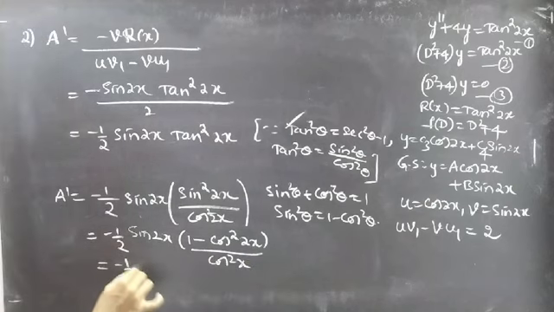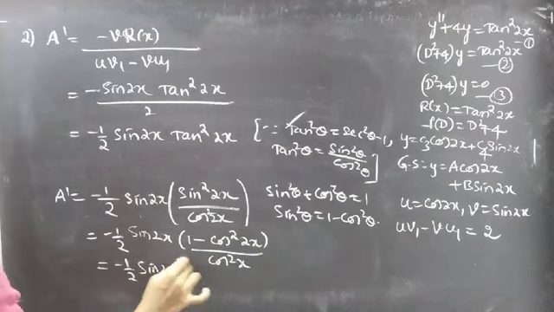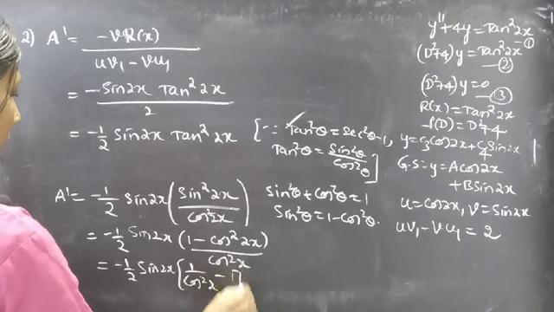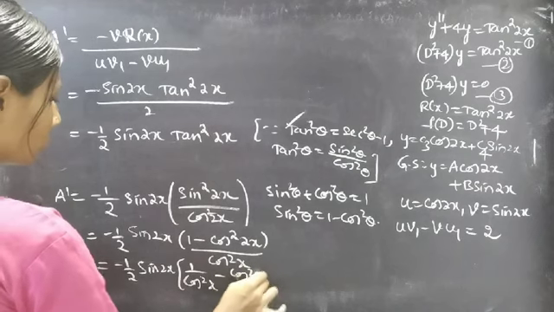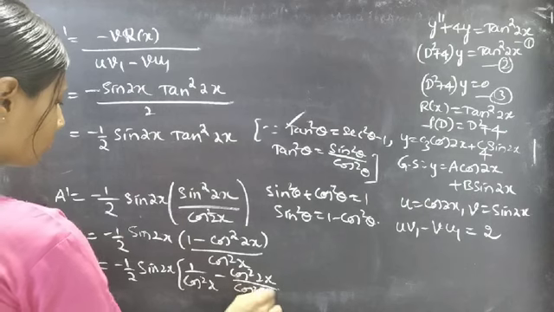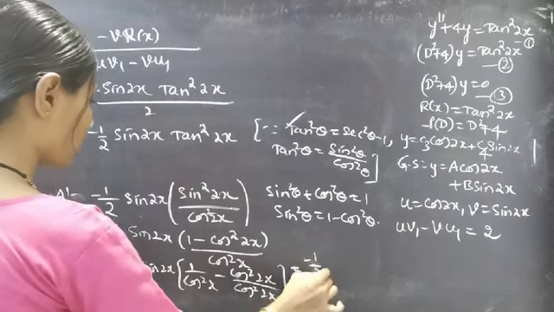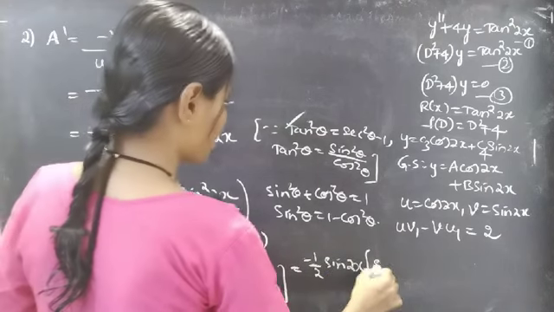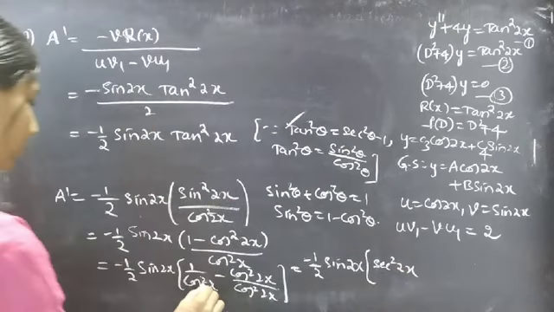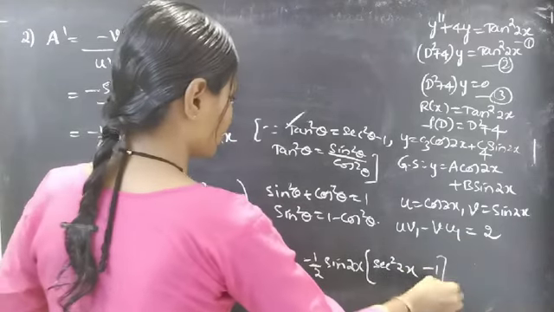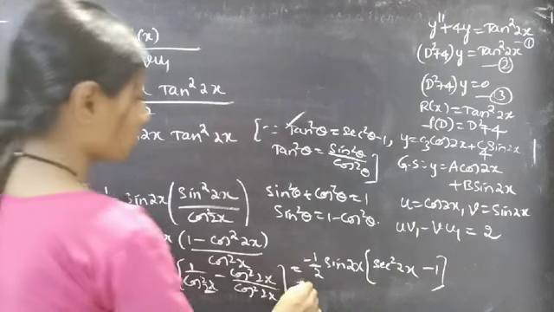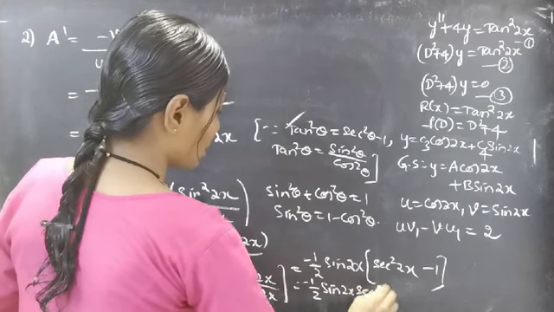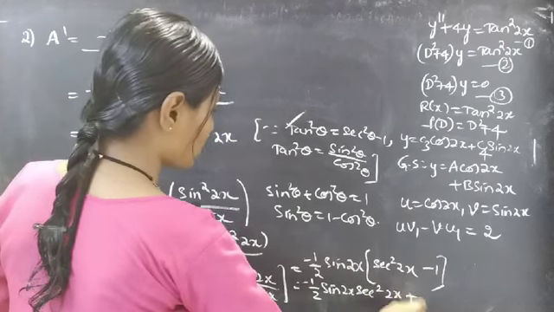This becomes minus 1 by 2 sine 2x into 1 by cos square 2x minus cos square 2x by cos square 2x, which is 1. Is equals to minus 1 by 2 into sine 2x into, 1 by cos square 2x is secant square 2x, minus 1, right?